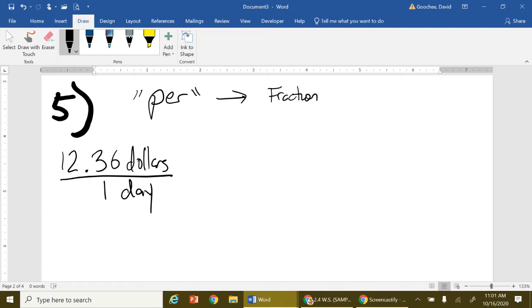If you go 60 miles per hour in a car, that literally means that you will go 60 miles for every 1 hour. If you go 30 miles per hour, that literally means if you go at that speed for 1 hour, you will have traveled 30 miles. So remember, per units give you a fraction.